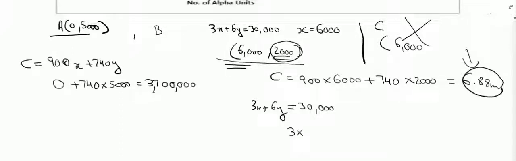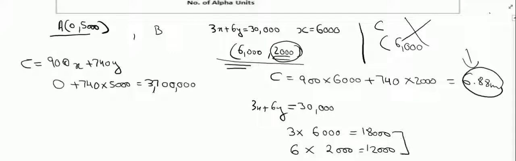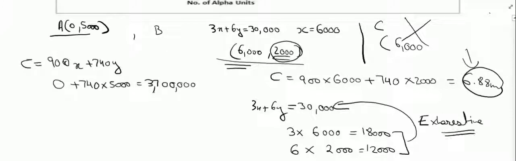Each unit of x requires 3 labor hours, therefore 6,000 units will require 18,000 labor hours. And each unit of y requires 6 labor hours, and 2,000 units of y will need 12,000 labor hours. In totality, they are 30,000. So what has happened is that I am producing at this boundary because I have exhausted the labor hours limit.